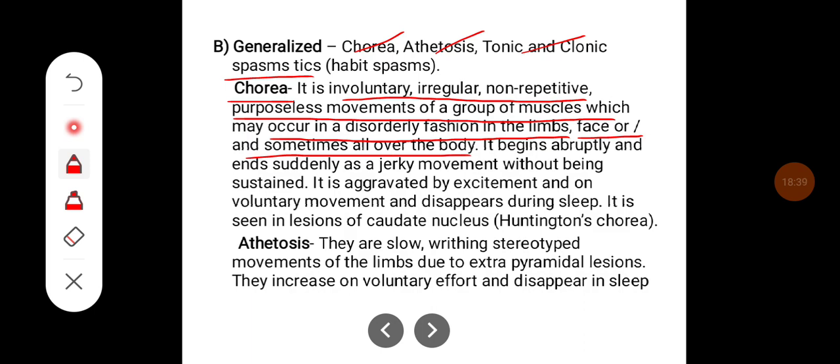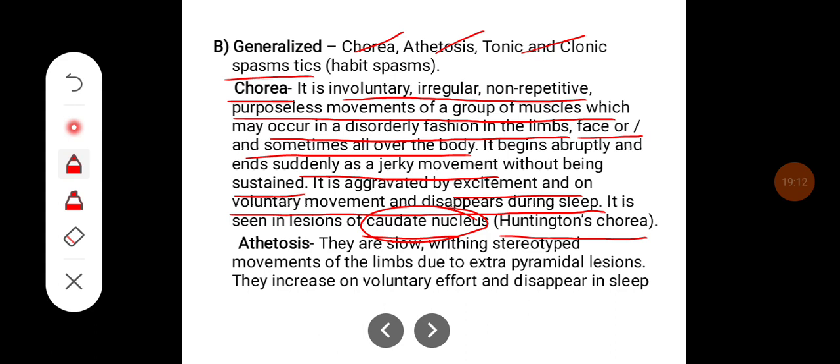It begins abruptly and ends suddenly as a jerky movement without being sustained. It is aggravated by excitement and on voluntary movement, and it disappears during sleep. It is seen in lesions of the caudate nucleus, as in Huntington's chorea. It can also be a feature of rheumatic fever, where the caudate nucleus is involved.